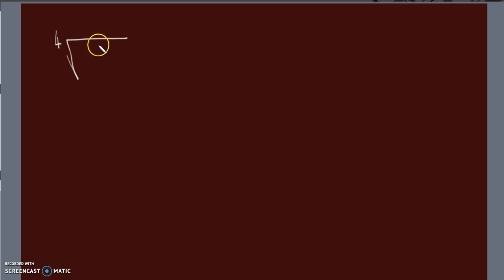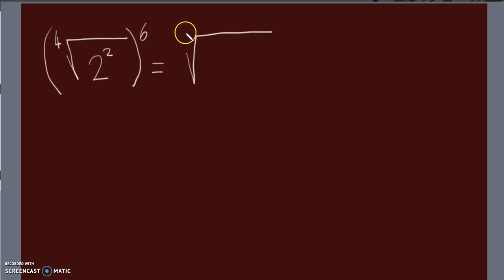So this is the fourth root of 2 to the power of 2, and the whole radical is raised to the power of 6. Well, we have to simplify this. So we put everything into the same radical. So the index is 4, 2 to the power of 12.